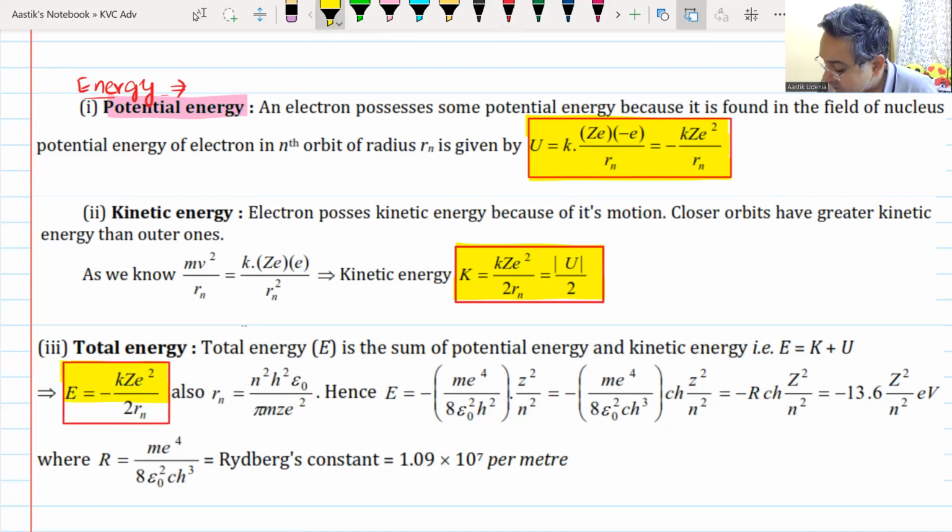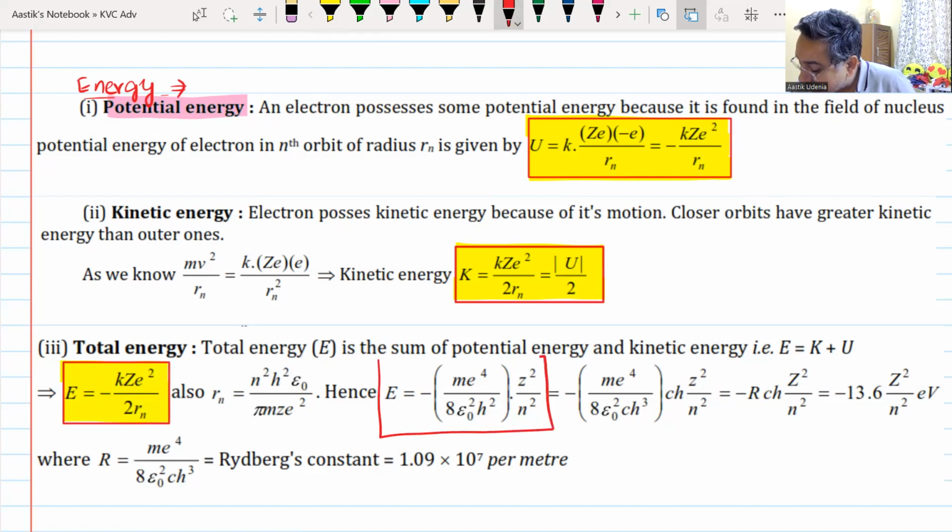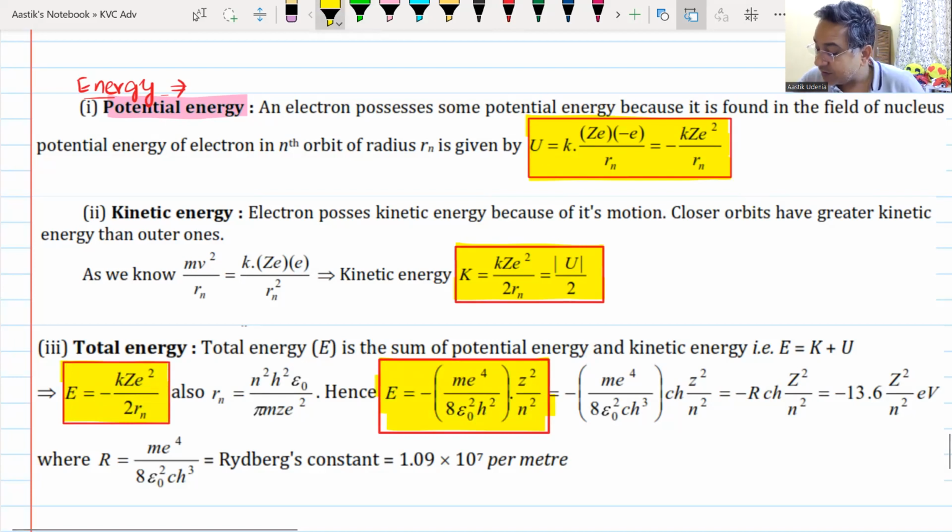Remember, this chapter is all about remembering things in different ways. This is the second way of remembering it, where Rn has been substituted by its value. What you have to understand is the value of this thing. Now remember, this entire thing that comes over here is actually known as R, which is the Rydberg's constant.